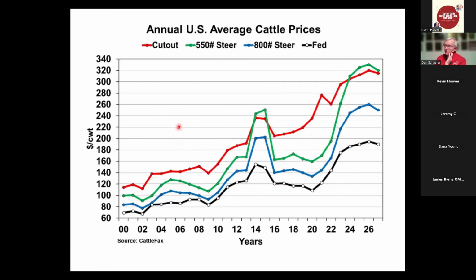So this is a slide that was developed probably at the end of 2024, and it was a forecast for prices for weaned steers, 800-pound feeder cattle, and finished cattle. Now in 2025, our finished cattle prices have far exceeded the 190 value forecasted here.